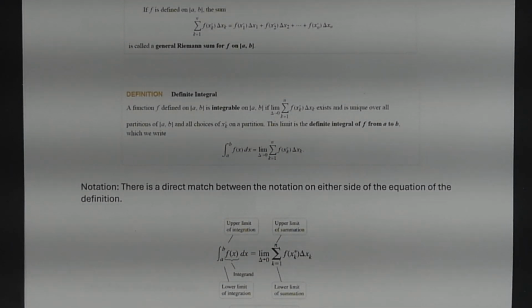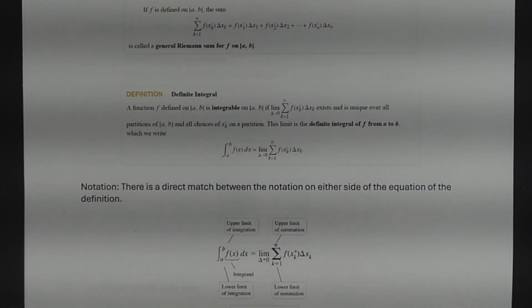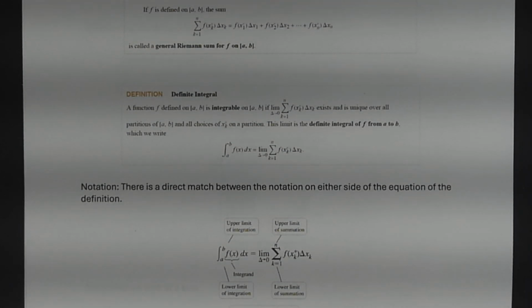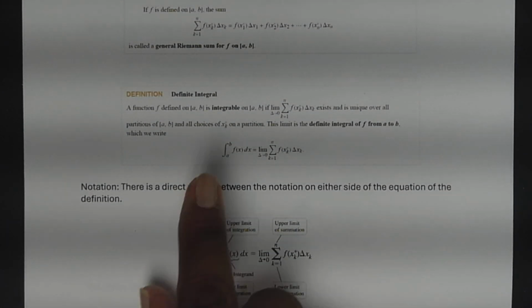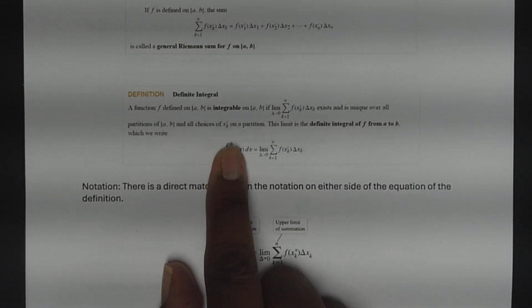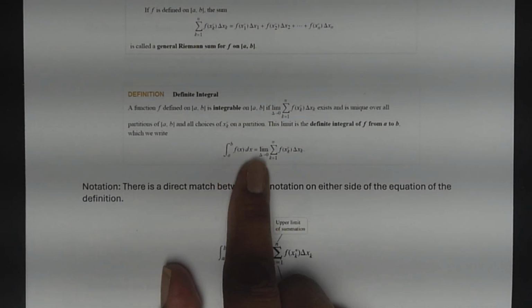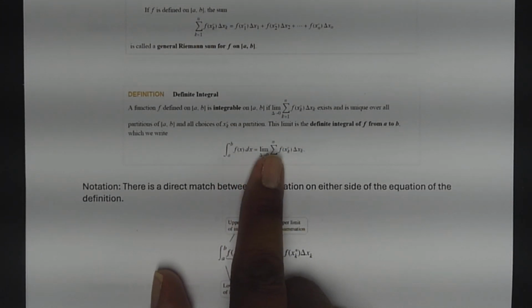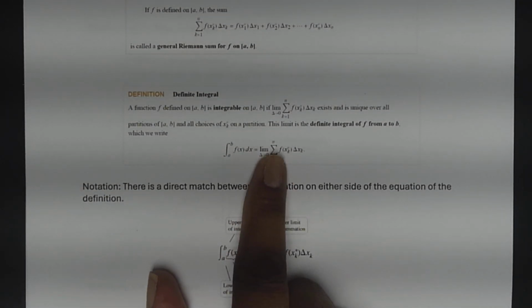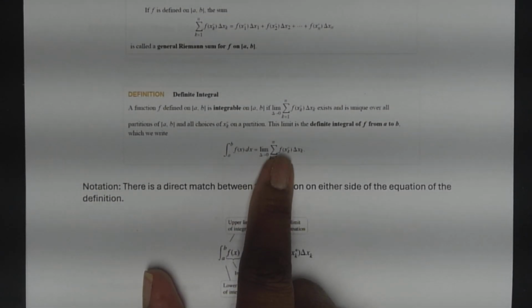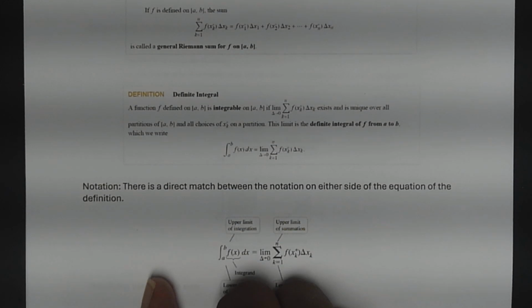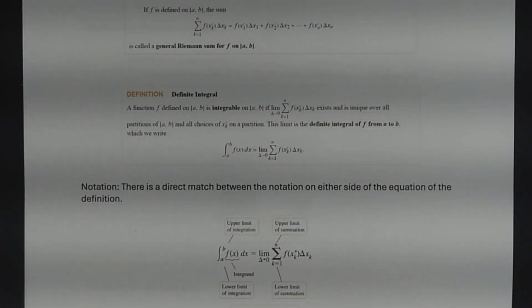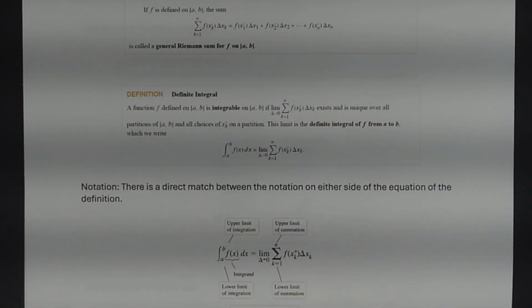This limit is called the definite integral from a to b of the function f. And we write it like this: the integral from a to b of f of x dx is equal to the limit as delta approaches 0 of the summation from k equals 1 to n of f of x star sub k times delta x sub k. That's just a definition of what the definite integral is.